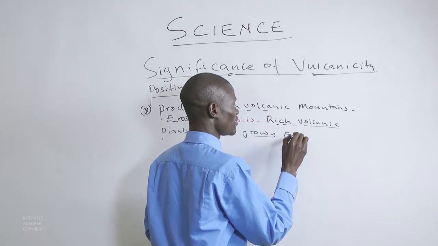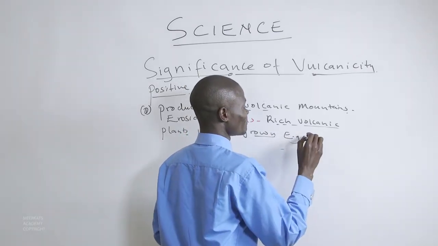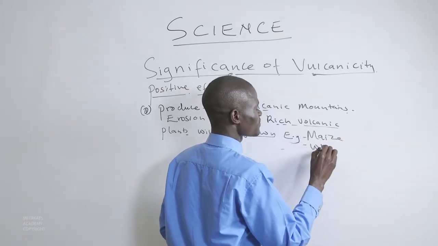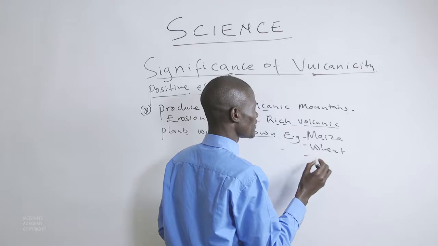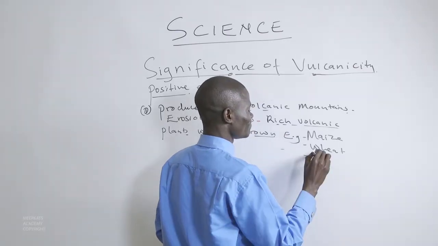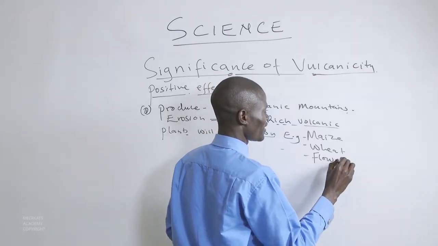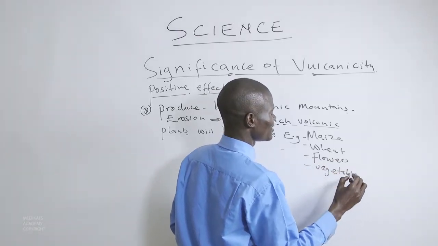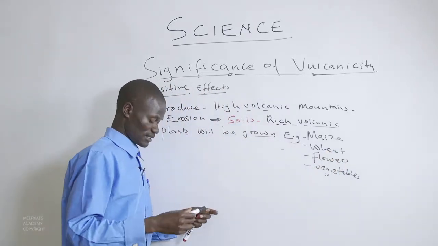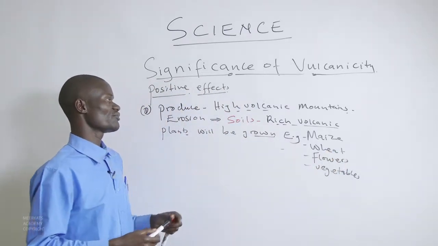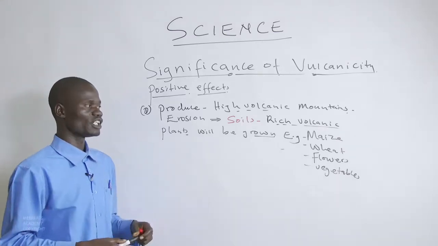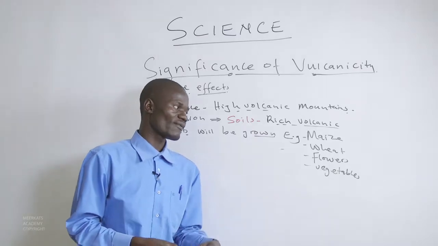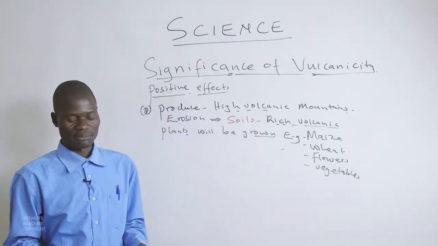For example, we can have plants like maize. We can have wheat. We can even have flowers, and the vegetables also are a part of the plants. And what do you learn from this? The rich volcanic soil forms a basement on which wheat, maize, and flowers, even vegetables, can be grown.